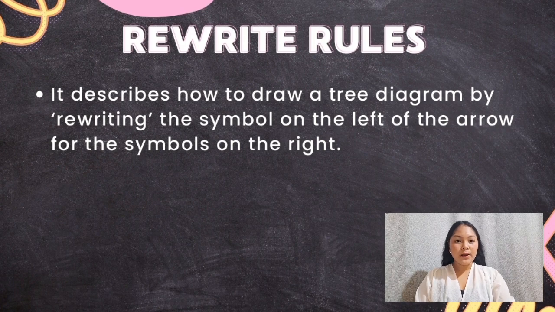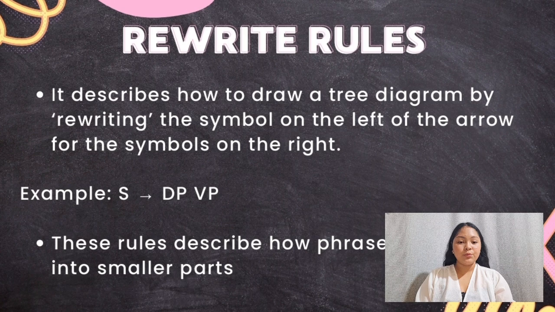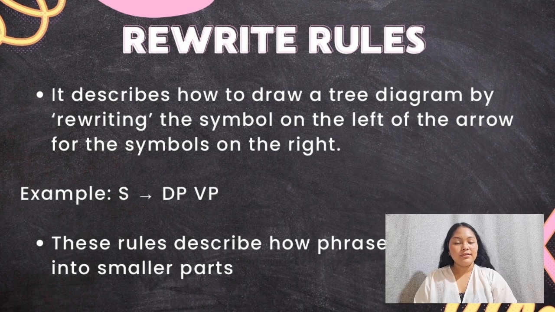So first, what is the rewrite rule? It basically describes how to draw a tree diagram by rewriting the symbols on the left of the arrow for the symbols on the right. So for example, we start with the sentence symbol, S, and then we rewrite it as DP and VP, which means the sentence has a determiner phrase and a verb phrase. These rules describe how sentences and phrases break down into smaller parts.